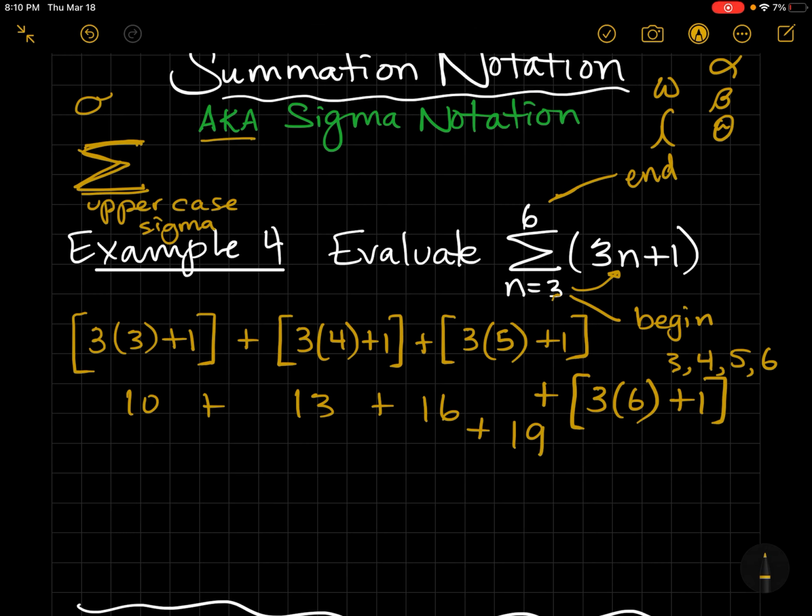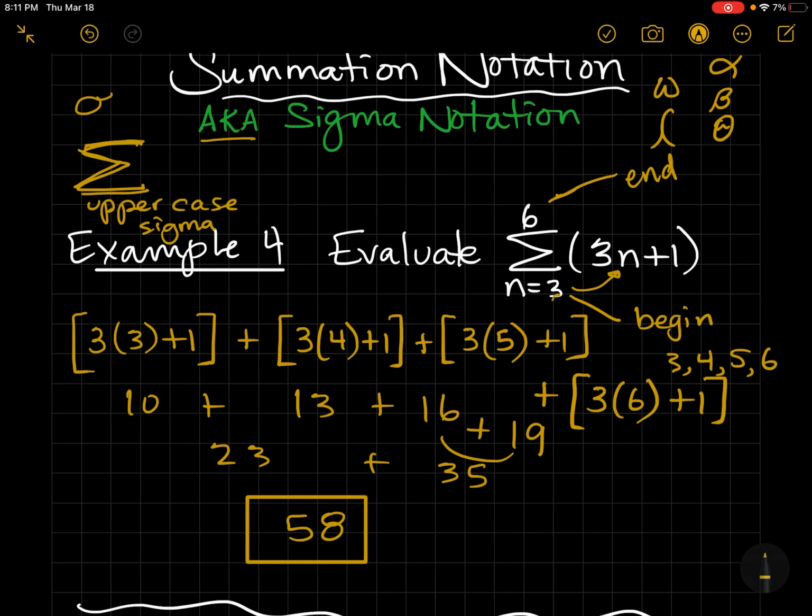So if I add these four numbers together, let's see, that's 23. Those two make a 35. That gives me 58. So, pretty interesting. That's how sigma notation works, or summation notation. And you see that it's a sum.